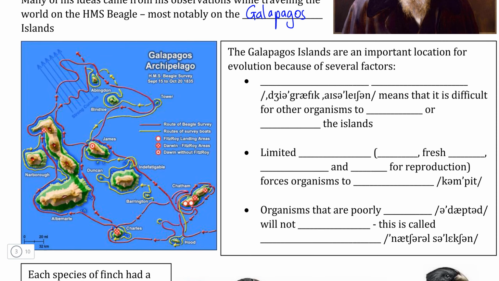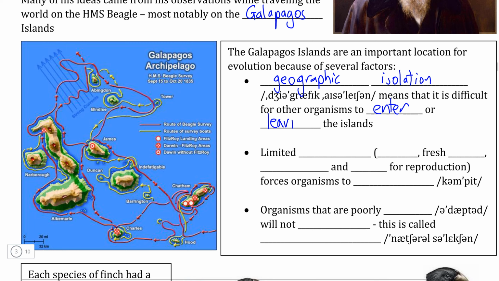Now, the Galapagos Archipelago is a very useful location for evolutionary biologists to study simply because of its geographic isolation. Simply put, the islands are far enough away from the South American mainland that it is very difficult for organisms to travel to the islands and enter the ecosystem, because organisms would either need to be flyers like birds or would need to somehow be carried there across hundreds of kilometers of ocean.